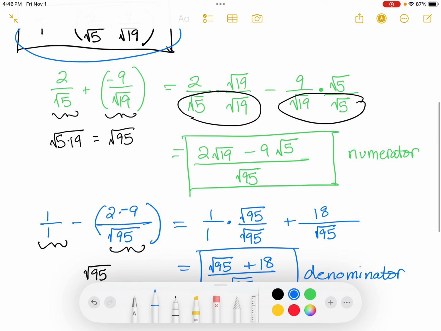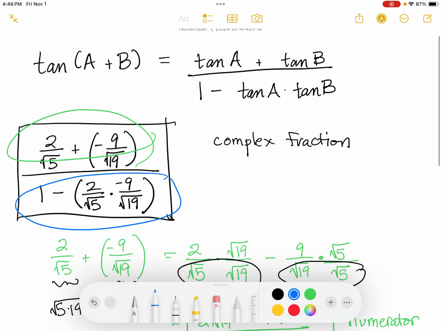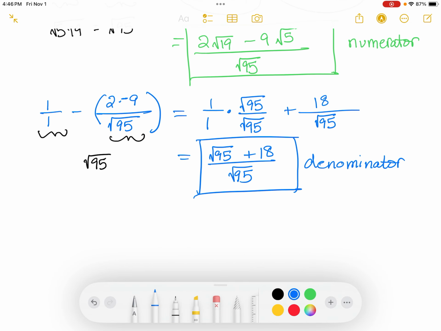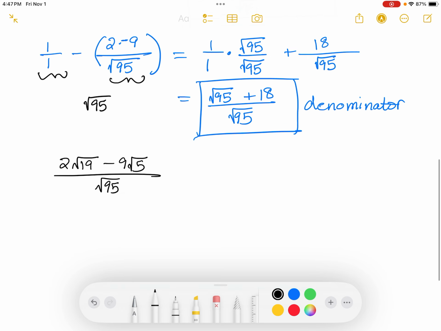So I've simplified the numerator and the denominator of my complex fraction, and now I'm just going to see what else I can do. So I'm going to put them all together. And something cool is going to happen here, which you'll see in a second.